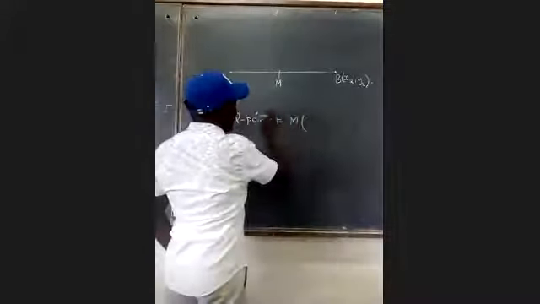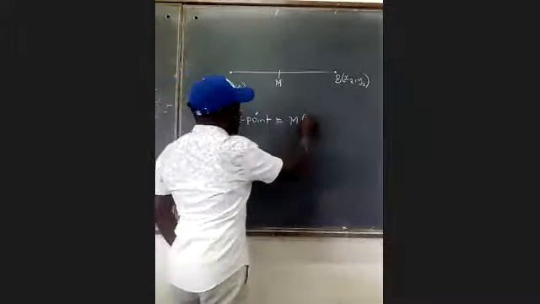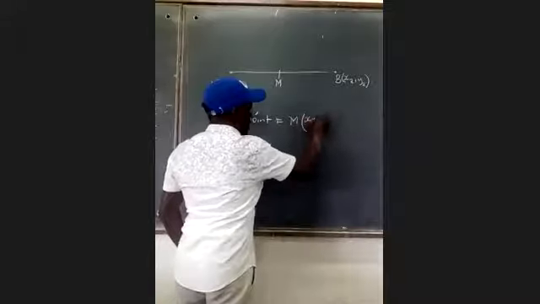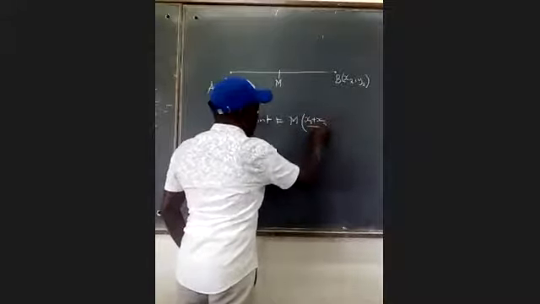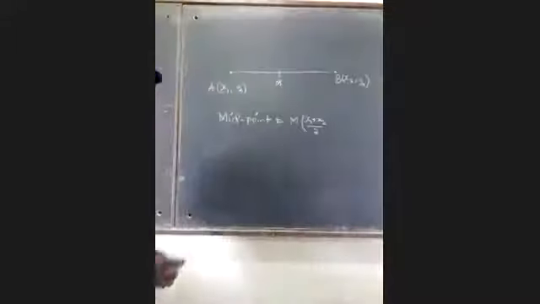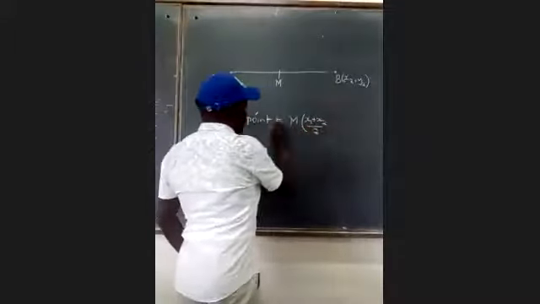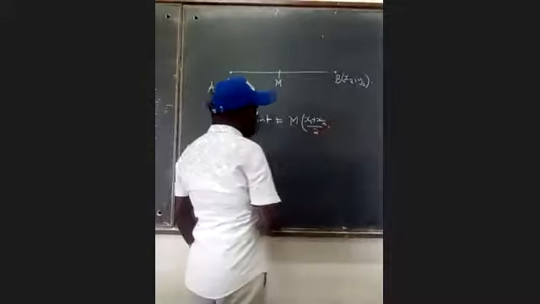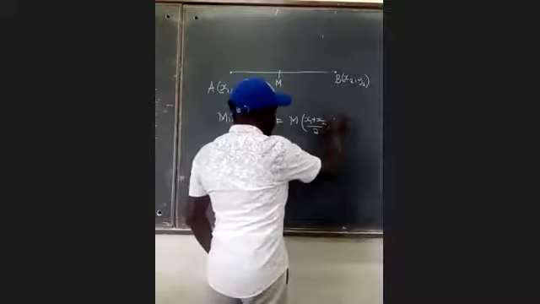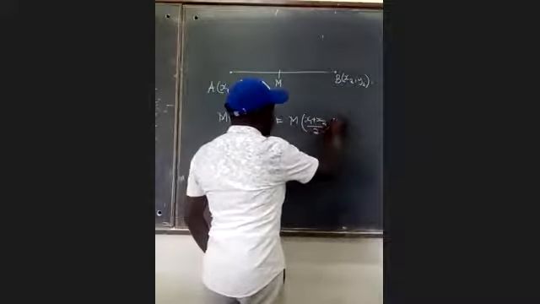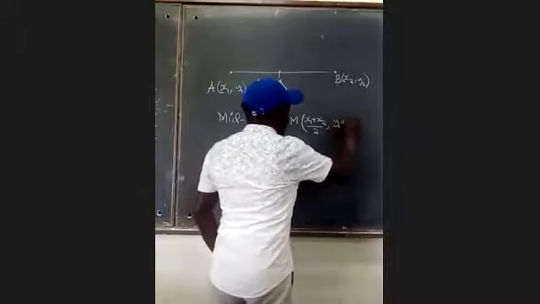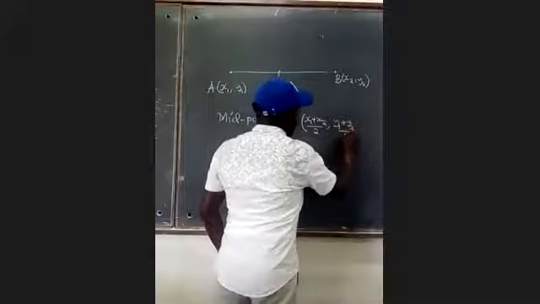The coordinates of the midpoint M will be the average of the x coordinates, so it is (x1 plus x2) out of 2. You add the x coordinates and divide by 2. The y coordinate of the midpoint would be (y1 plus y2) out of 2.